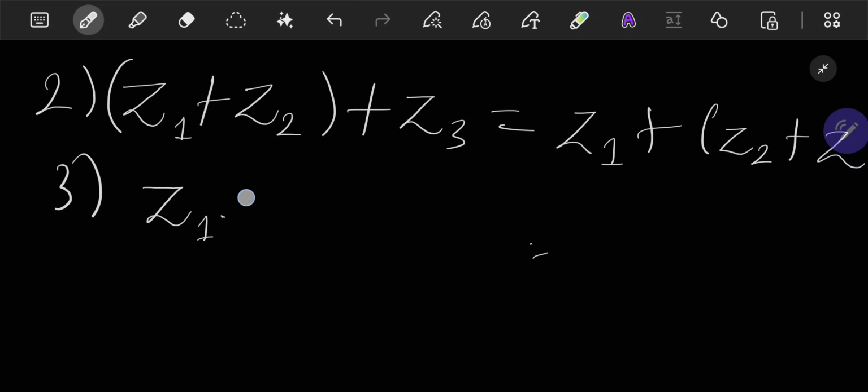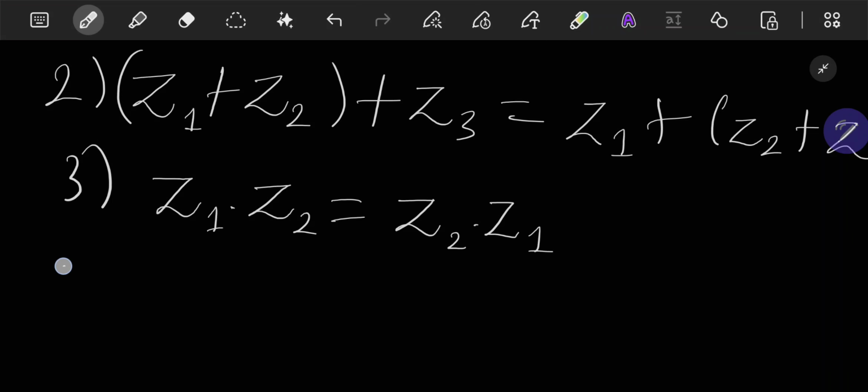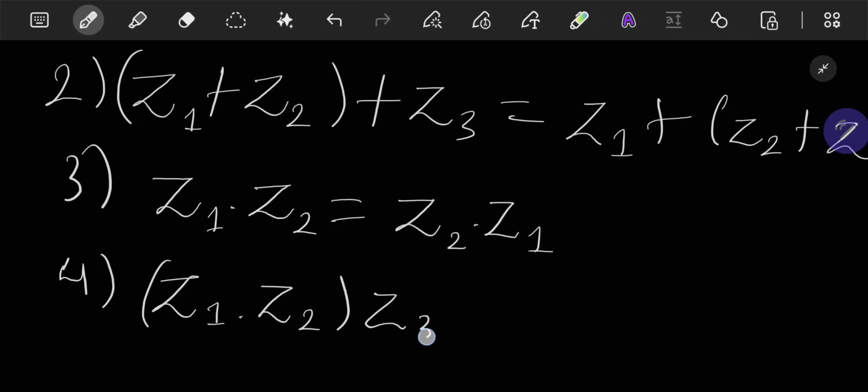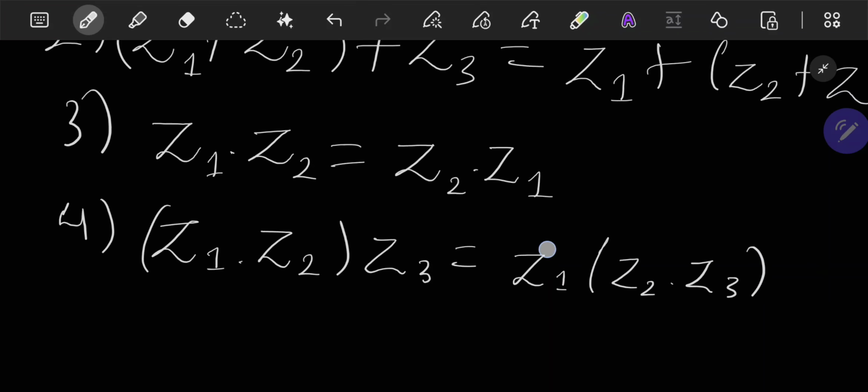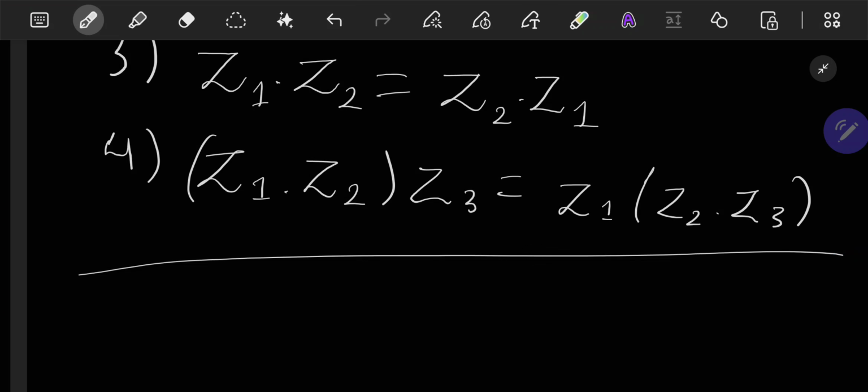If we have z1 times z2, this is the same as z2 times z1. After that, we have the associative property of multiplication. So if we have z1 into z2 into z3, this is the same as z1 into z2 into z3. These are all basic properties that are also true for real numbers.